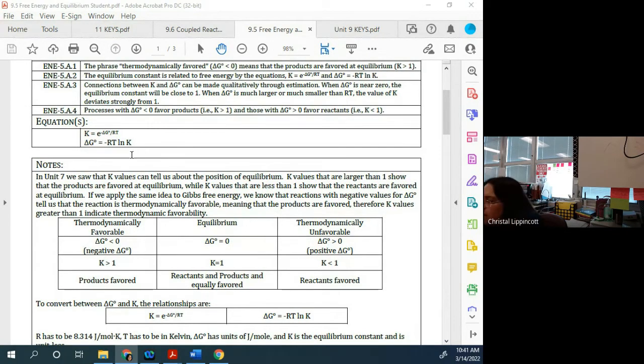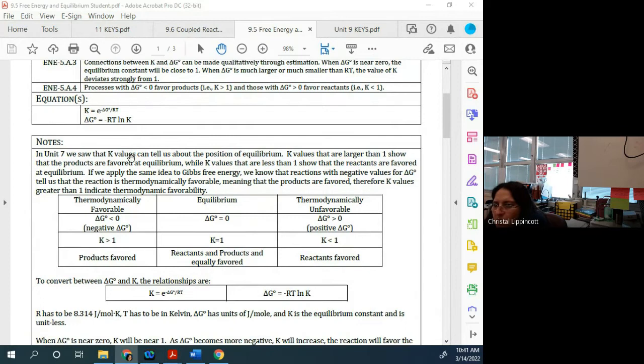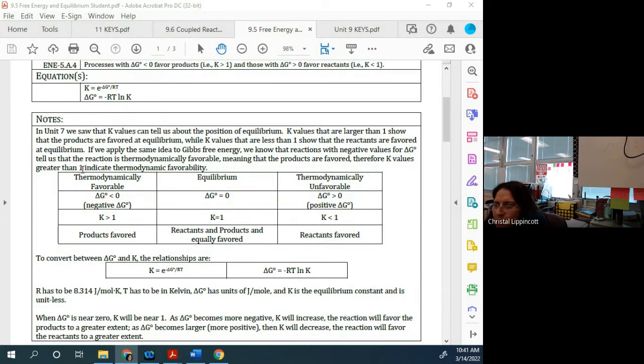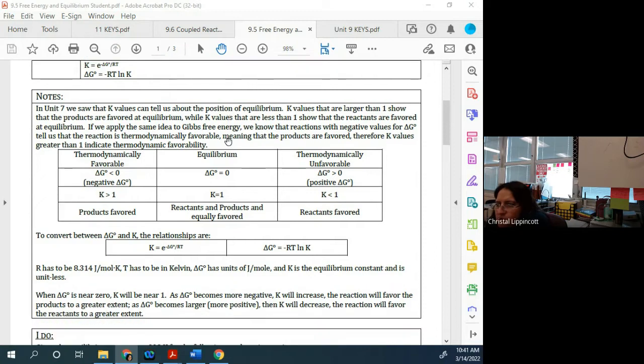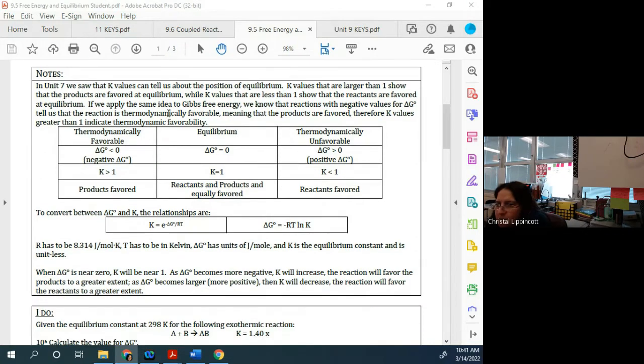Okay, so in unit 7, we saw that our K values can tell us about our equilibrium position. If K is larger than 1, the products are favored at equilibrium. If K is less than 1, the reactants are.